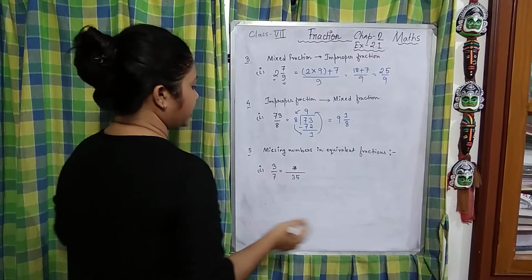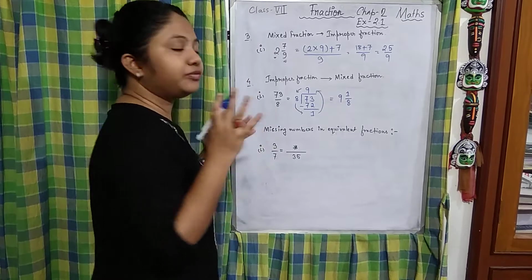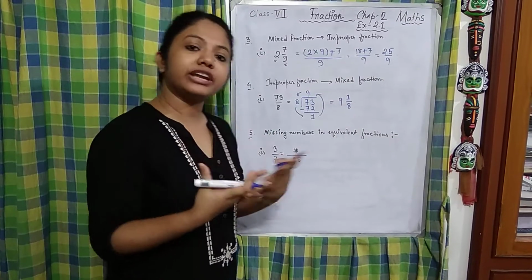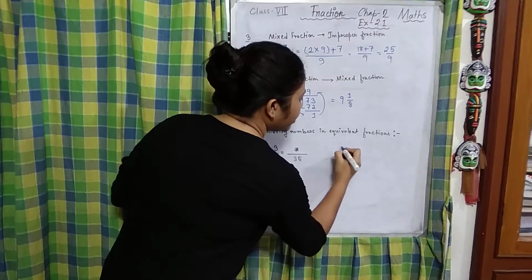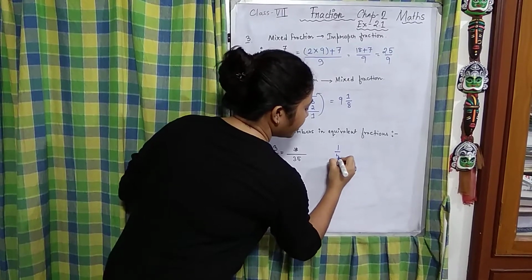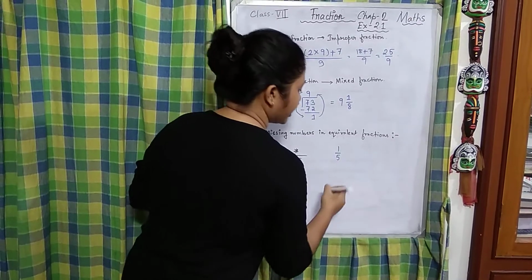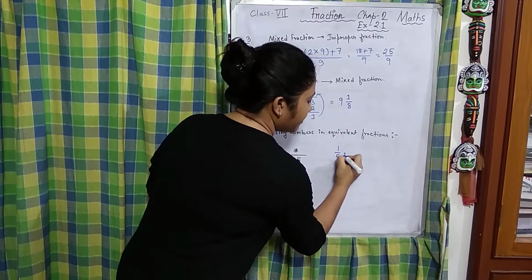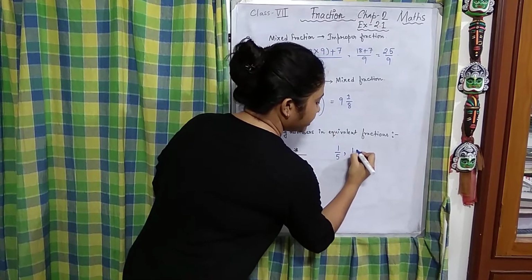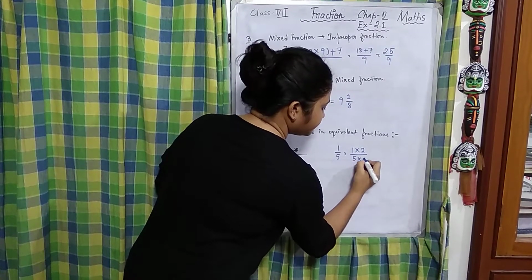Got it? Now coming to number 5. Here, if you remember how we find the equivalent fraction, say 1 by 5 is a proper fraction. Then how can we find its equivalent fractions? We multiply the numerator and denominator with the same number, right?